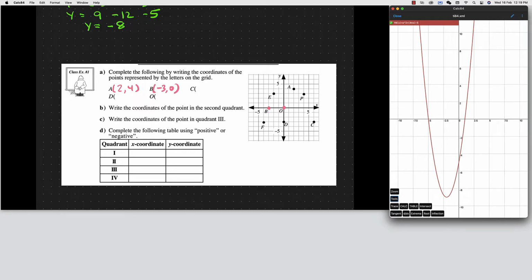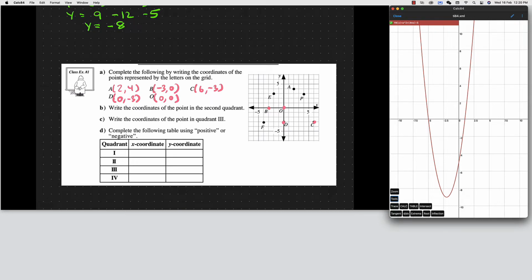And point C is right here, which has gone 6 over in the x and negative 3 down. And point D is right on the y-intercept, so it's gone 0 in the x, and it's gone negative 3 down. And point O is right at the origin, so that would be 0, 0.